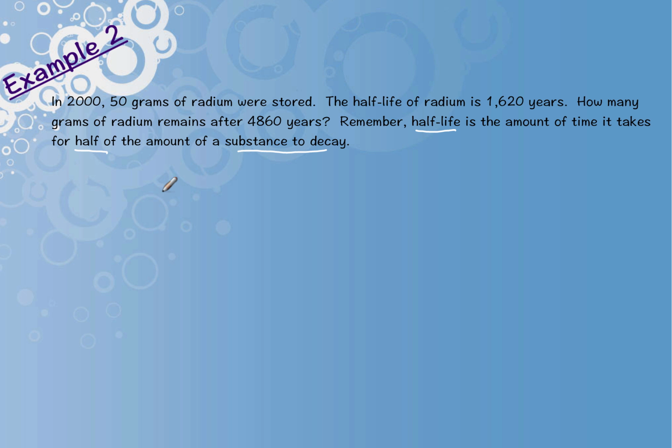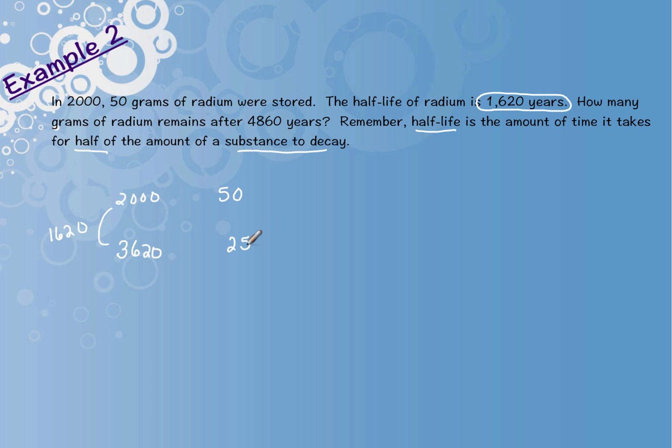So if I could do this the long way, I have 50 grams of radium. 1,620 years is what it's going to take for half of that to dissipate, to go away. So, in the year 2000, if I go 1,620 years later, and I were to open up that canister again, there'd be 25 grams, half-life.